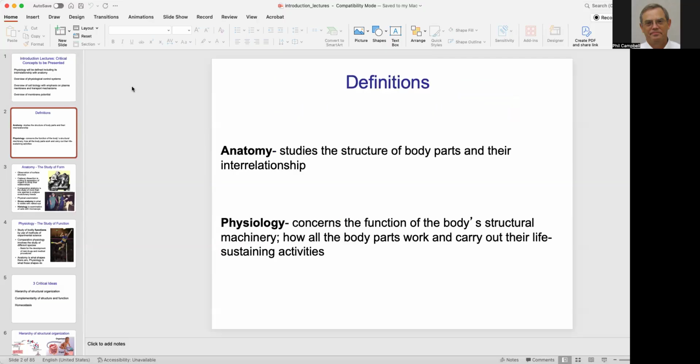So, definitions. I'm going to be pretty brief here. Anatomy and physiology. If you were in medical school, the first class you'd take is anatomy, and biochemistry. Anatomy is basically the body parts. You need to understand those are the parts, but then physiology is how they work. So technically, you can't separate the two.